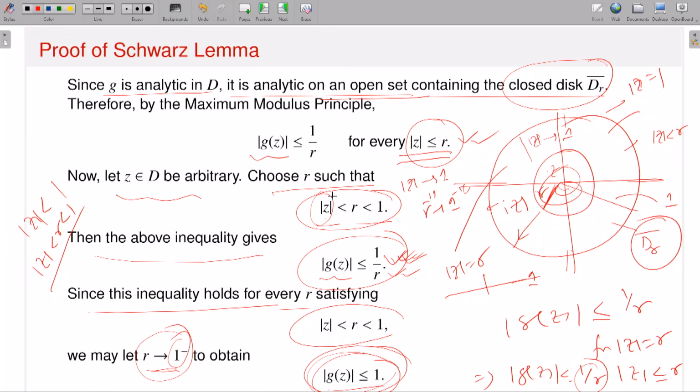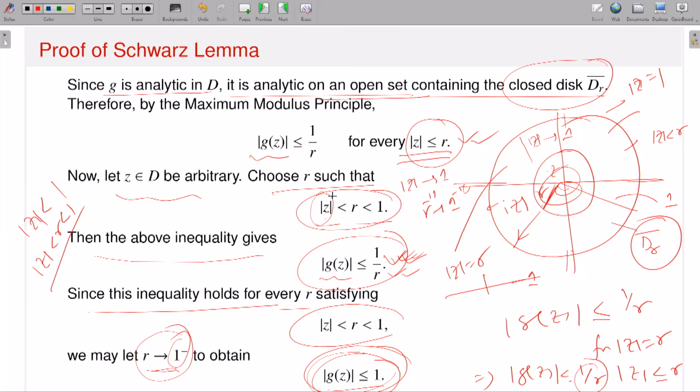Then I am using the maximum modulus principle. I am taking the point z inside D, that means modulus of z is less than 1. I am taking R with the property that mod z is strictly less than R, which is less than 1. Then I am considering the closed disk D_R closure. There I have the function g which is continuous on D_R closure, and inside D_R it is analytic.